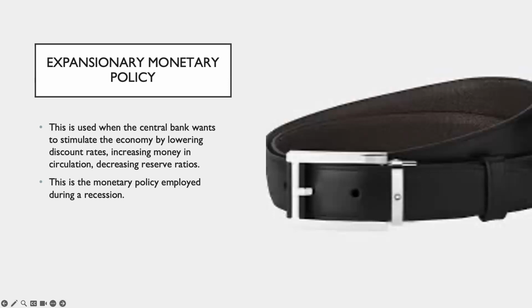You encourage spending by lowering the discount rates and encouraging the banks to borrow more money from the central bank. And you also increase the money in circulation through buying and selling these treasury securities, and also decreasing your reserve ratios so that the amount of cash in the economy is added to.